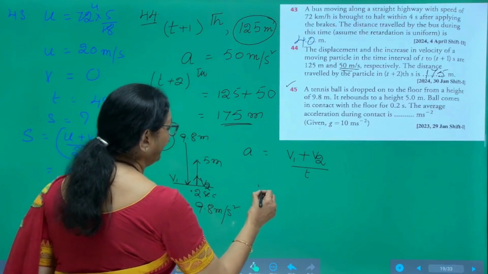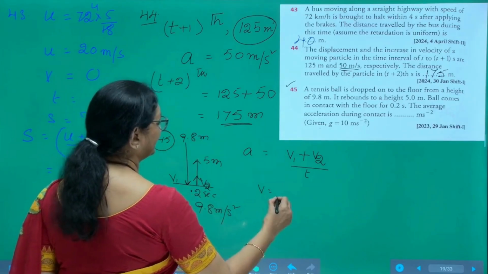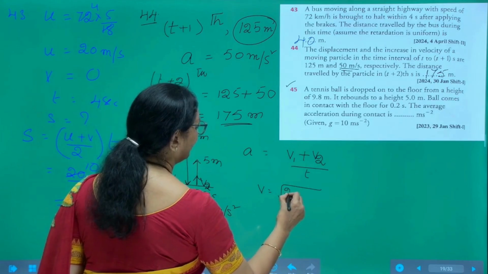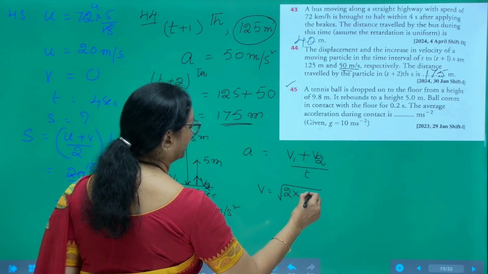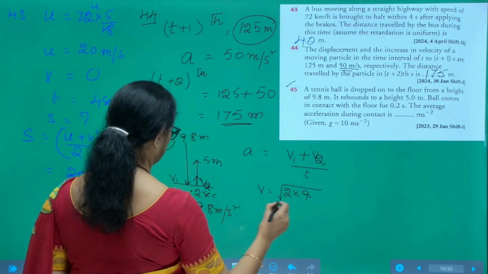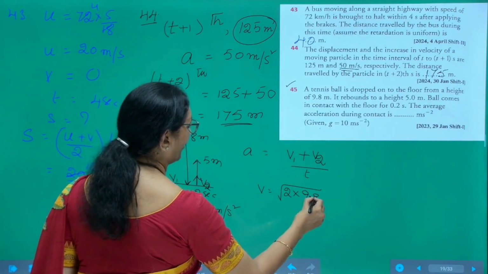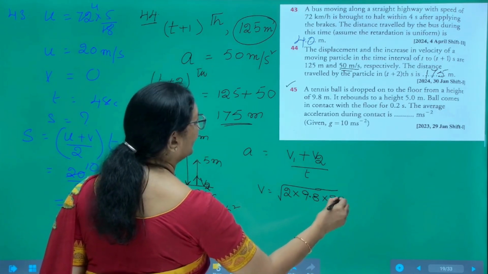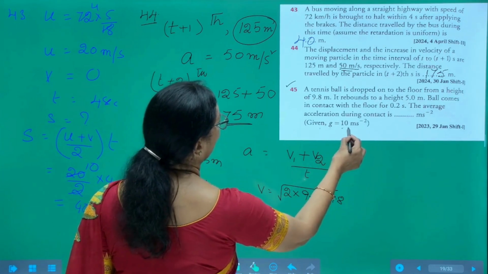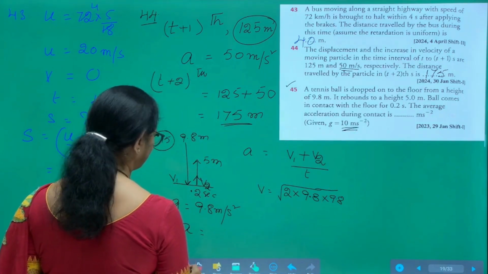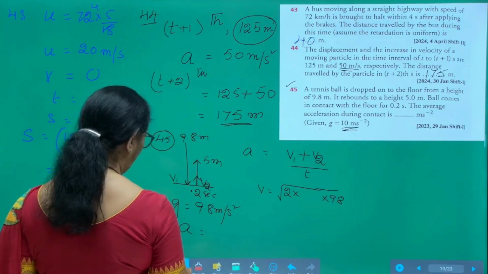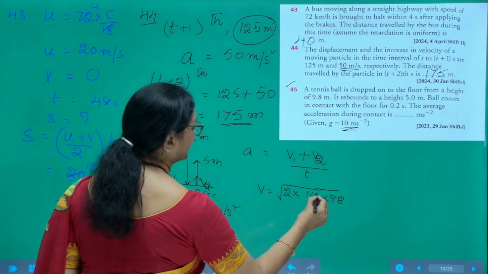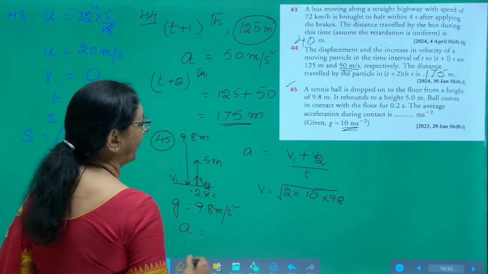So, v1, as it has fallen through a distance h, from the formula square root of 2gh. Here g is given as 10 meter per second square, and h is given as 9.8.